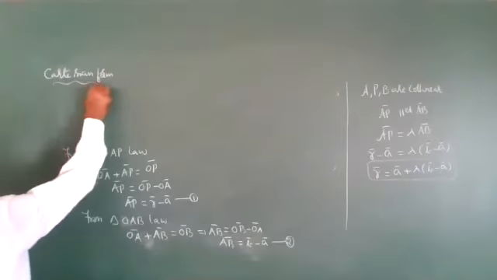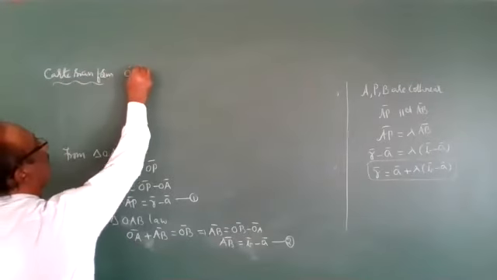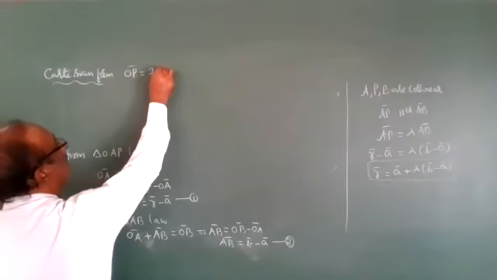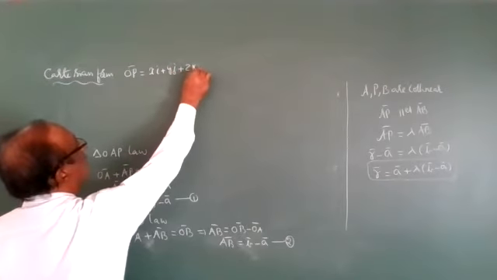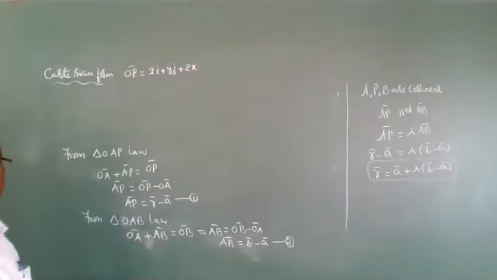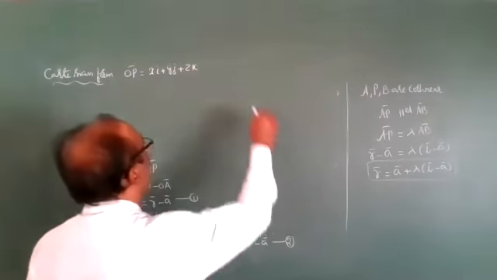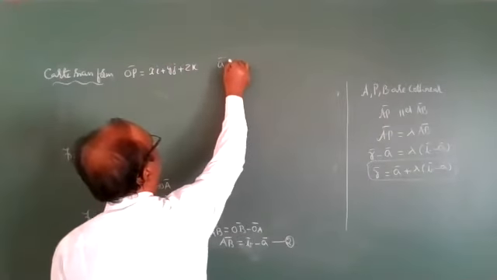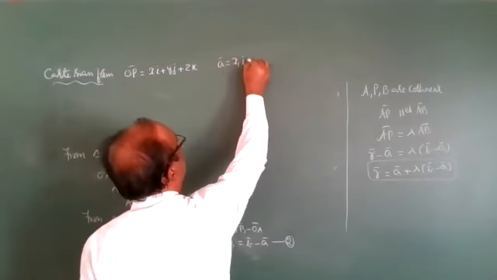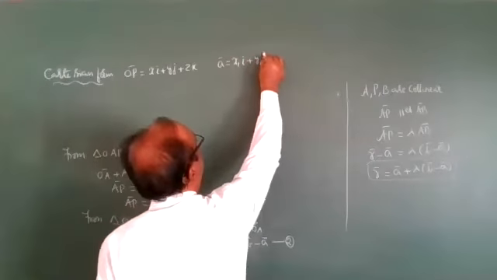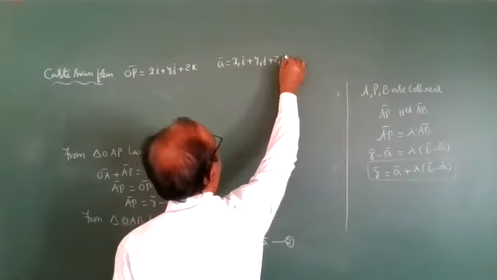Write down: OP bar, the locus point, is xi plus yj plus zk. Next, A bar vector is x1i plus y1j plus z1k.